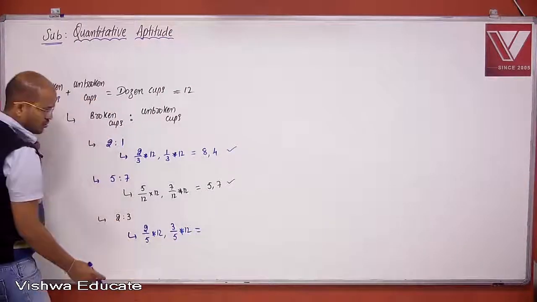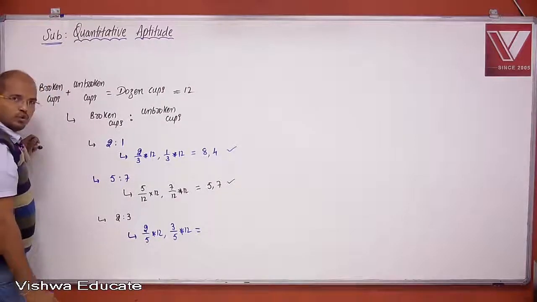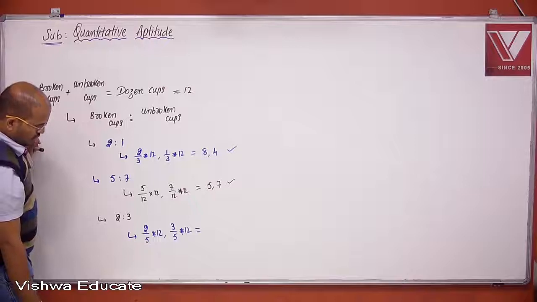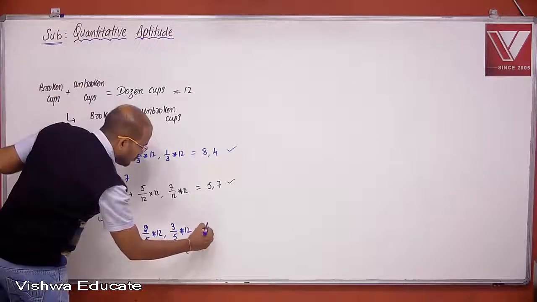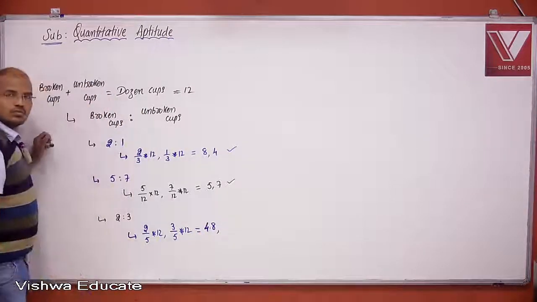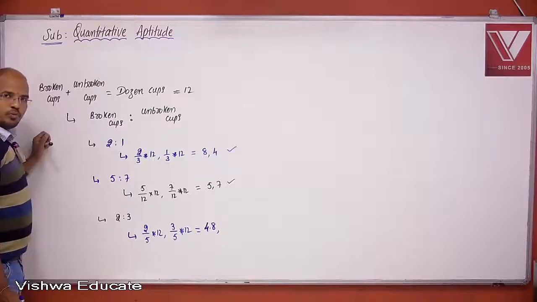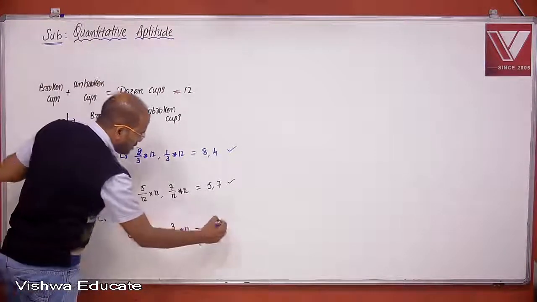So, 12 by 5 would be 2.4. I hope I'm correct. Yes, 2.4. 2.4 times 2 would be 4.8. And 2.4 times 3 is 7.2.